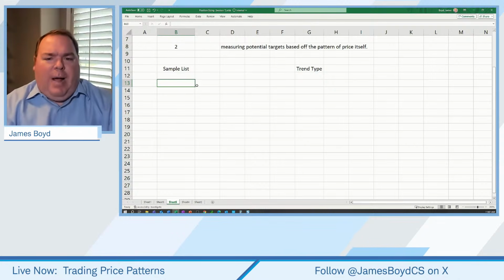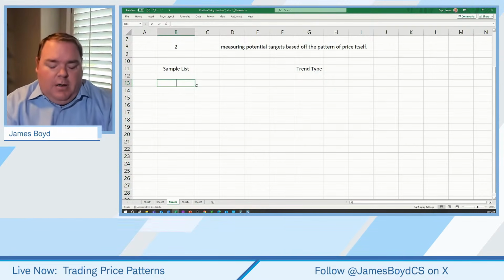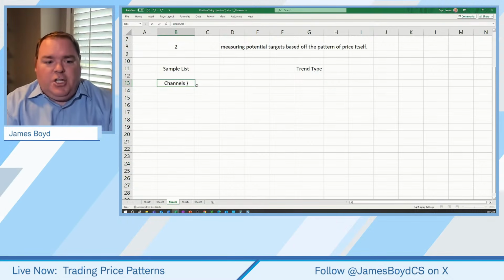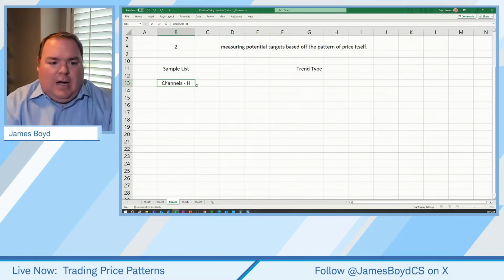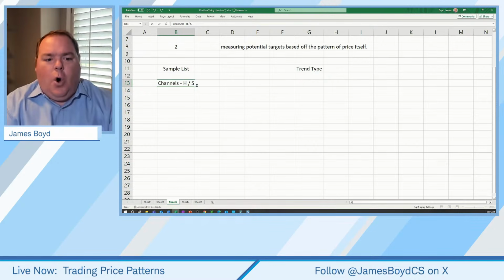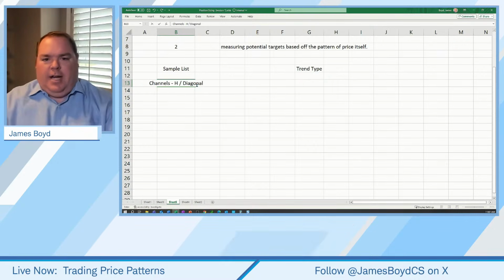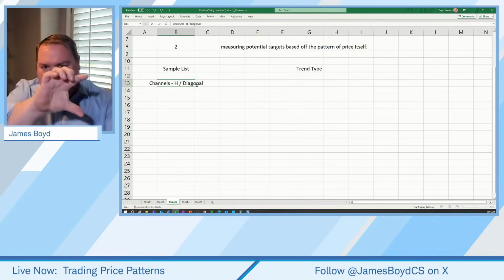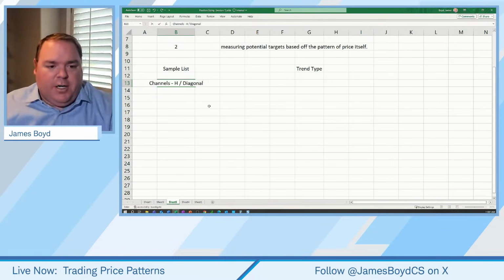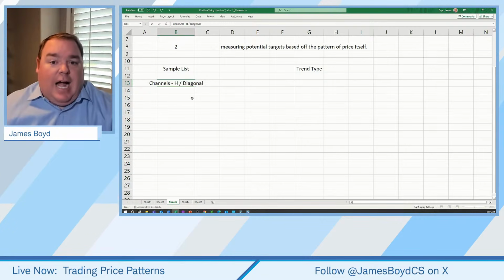Now, if we made a sample list, just briefly, and said, what type of patterns are your favorite? I put on my list channels. These channels could be horizontal, H, or diagonal. So you could have a sideways channel, a price range in other words, or it could be diagonal.